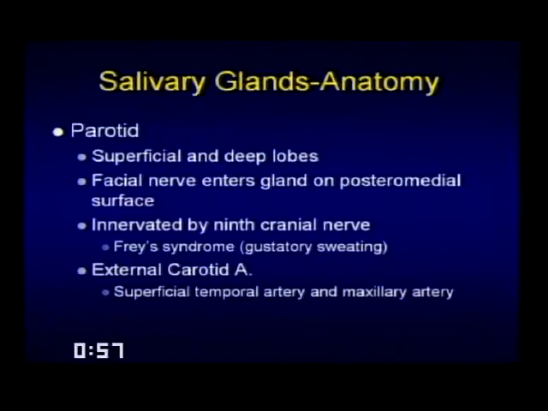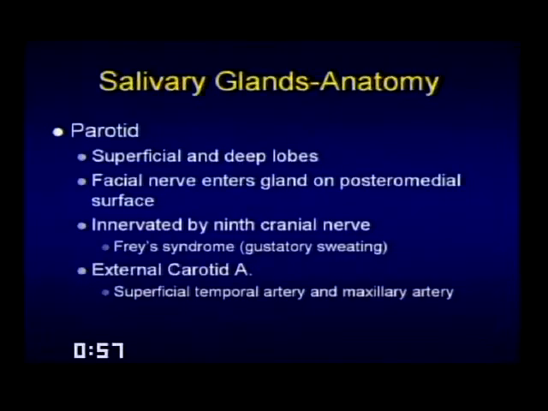It exits the stylomastoid foramen, and it can be identified between the external acoustic meatus and the mastoid process. It is usually anterior to the attachment of the digastric muscle as it attaches to the mastoid process. And you need to identify this and protect it during a superficial parotidectomy.